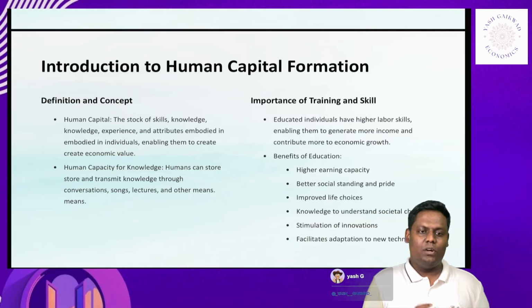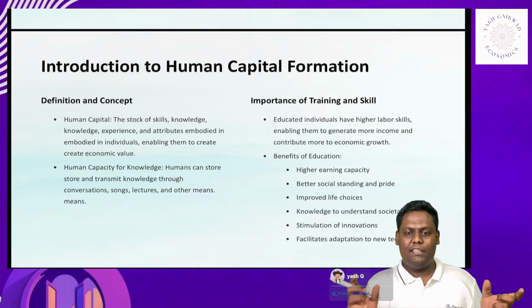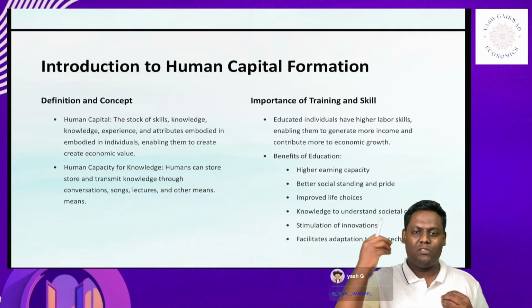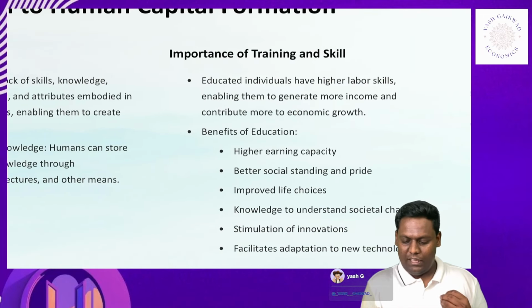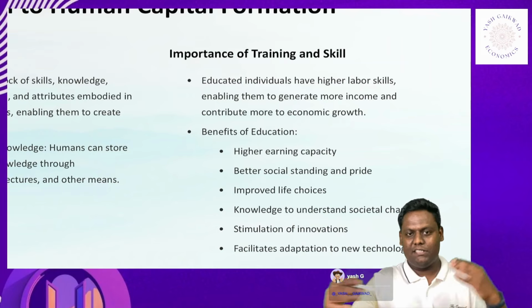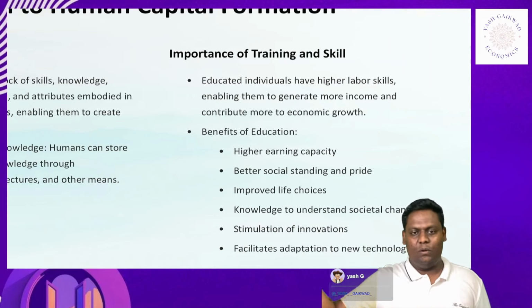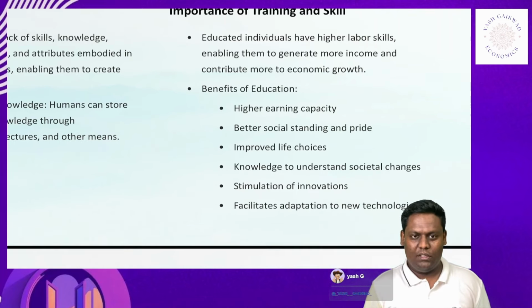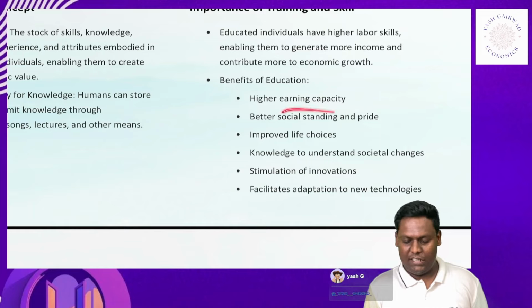We have also understood that there's a difference between physical capital and human capital: unlike physical capital, human capital is intangible and not so easily transferable. We have learned the importance of education, that more education equals better skills, equals high paying jobs, equals improved productivity, equals economic growth.